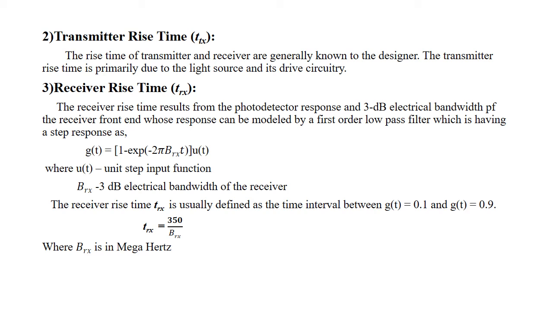The receiver rise time TRX is usually defined as the time interval between G of t equal to 0.1 and G of t equal to 0.9. This is known as the 10 to 90% rise time. So the receiver front end rise time in nanoseconds is given as TRX equal to 350 by BRX. Here BRX is in megahertz.